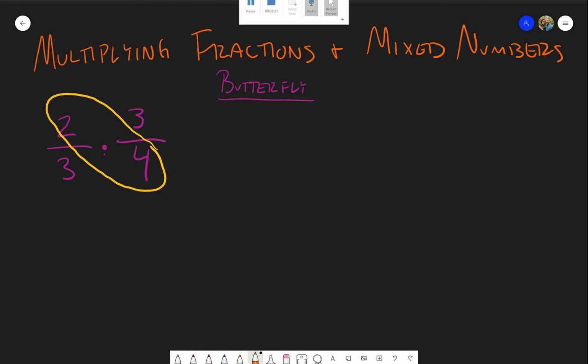So let's back up. Let's just go with this yellow, this 2 and 4. Can 2 and 4 both be divided by the same thing? Yes, it can. 2 and 4 can both be divided by 2. And so then I'm going to divide each of those numbers by 2 and write them off to the side here. So what is 2 divided by 2? Well, that's 1.